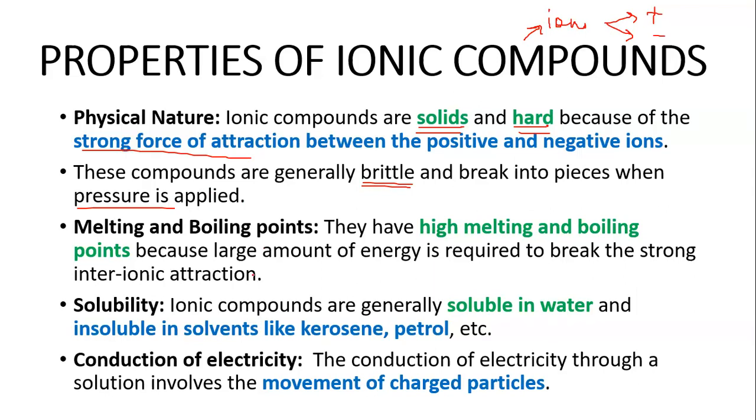It's written that a large amount of energy is required to break the strong interionic attraction. Interionic attraction means attraction between the oppositely charged ions. So the force of attraction is high, and a large amount of energy will be needed. That's why high melting and boiling points are there.